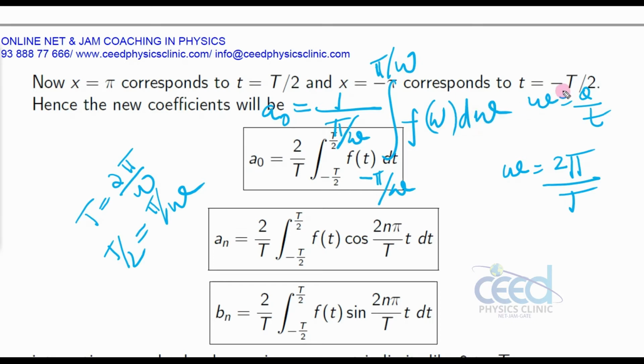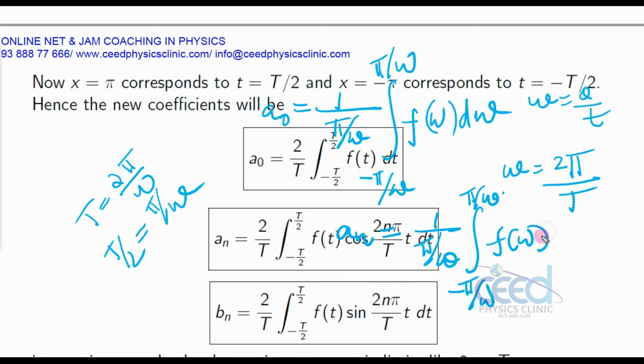So this is our a0. Similarly, an I can represent as again omega by pi into integral minus pi by omega to pi by omega f of t cos n omega t dt. Similarly, we can represent bn also.